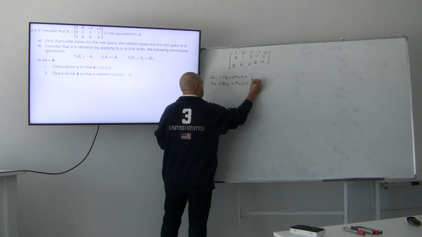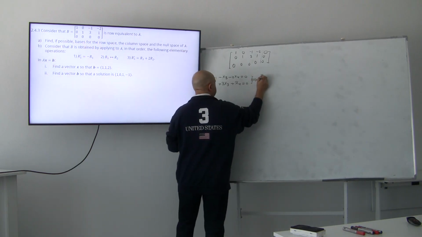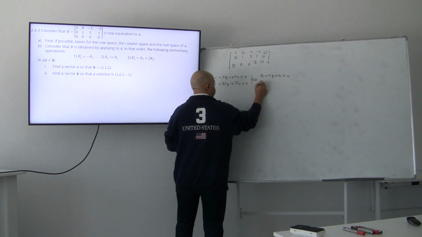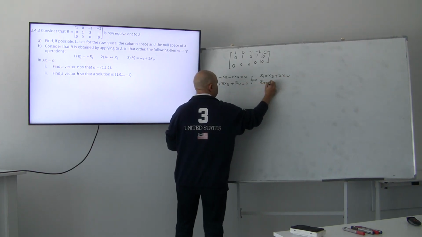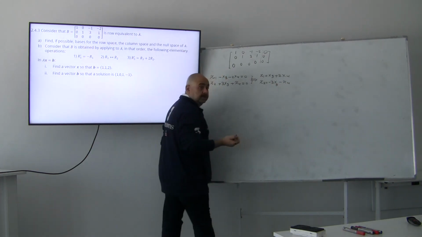From these two equations, we can imply that x1 equals x3 plus 2 x4. And for the second equation, x2 will equal minus 3 x3 minus x4.